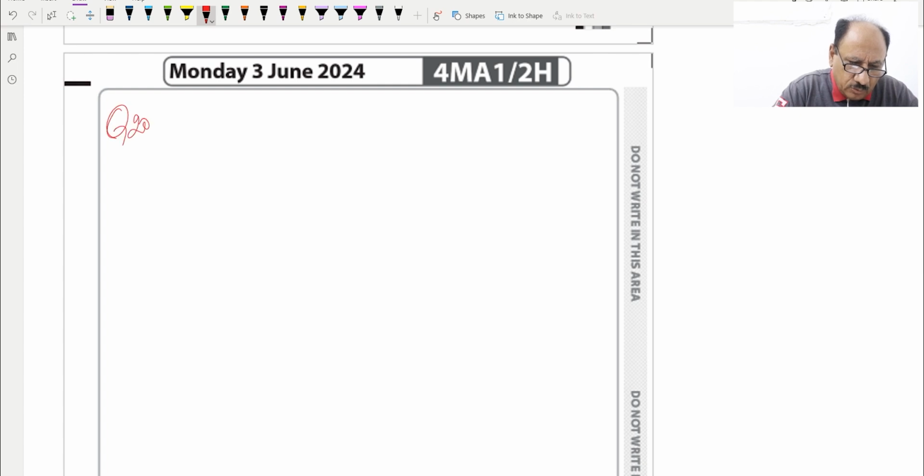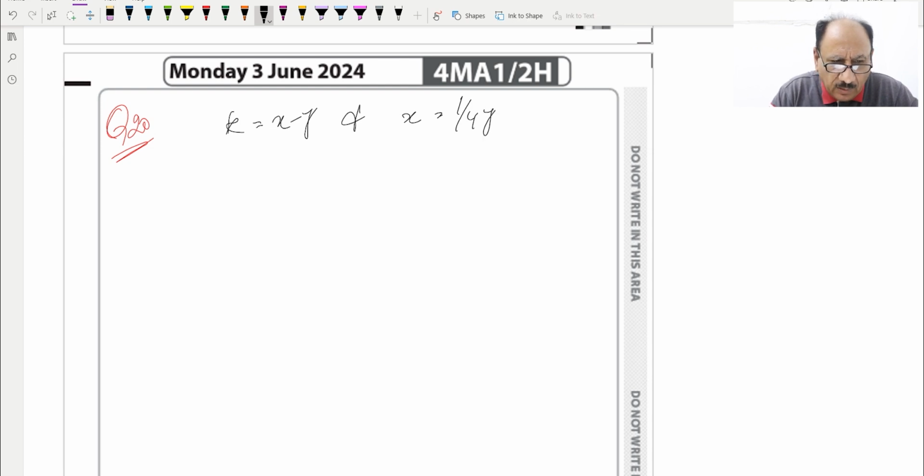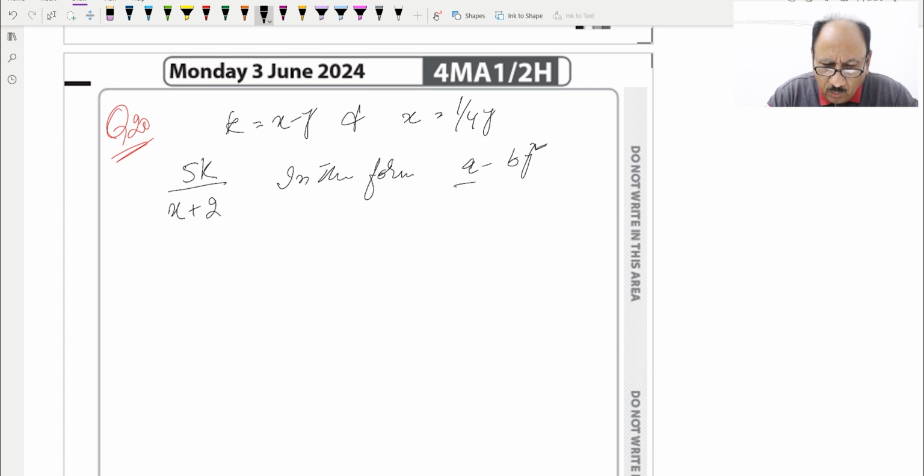Question number 20. Given that k is equal to x minus y and x is equal to 1 over 4y, express 5k over x plus 2 in the form a minus b y square over c plus dy, where a, b, c, d are integers.